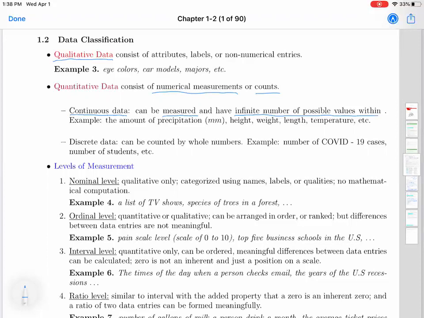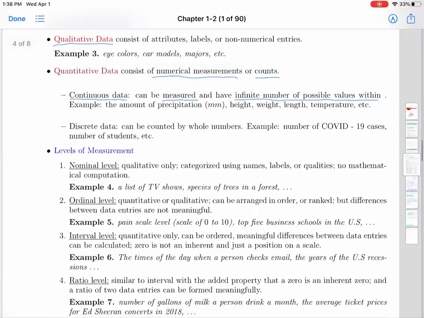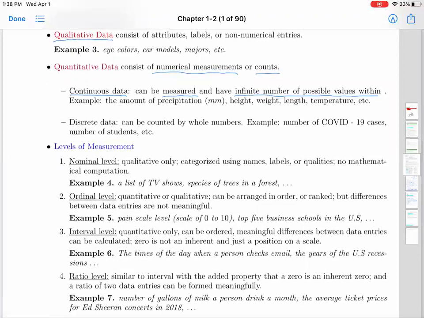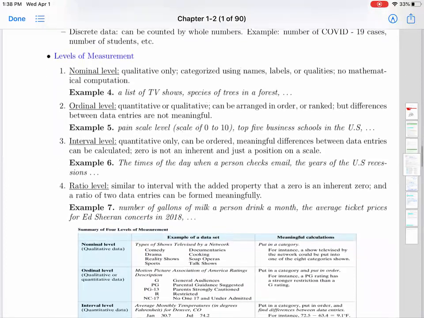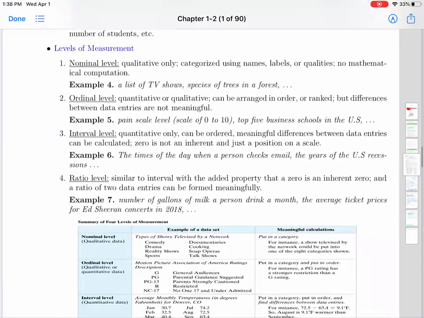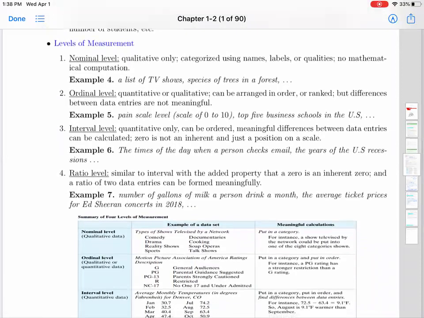Within the data types, you can break the data into different levels of measurement. There are four different levels of measurement. The first level is the nominal level. Only qualitative data can be classified at the nominal level.